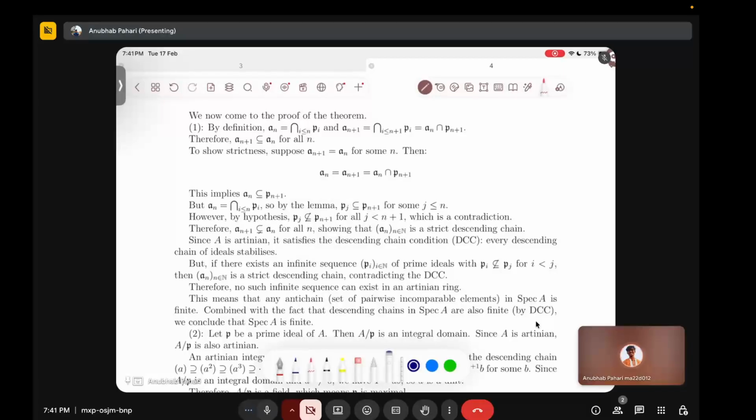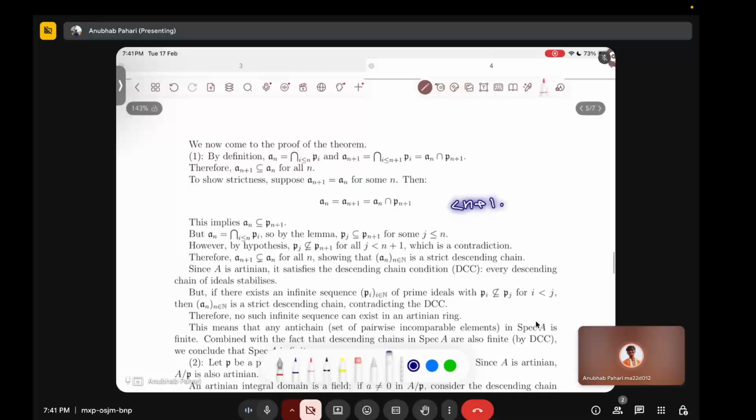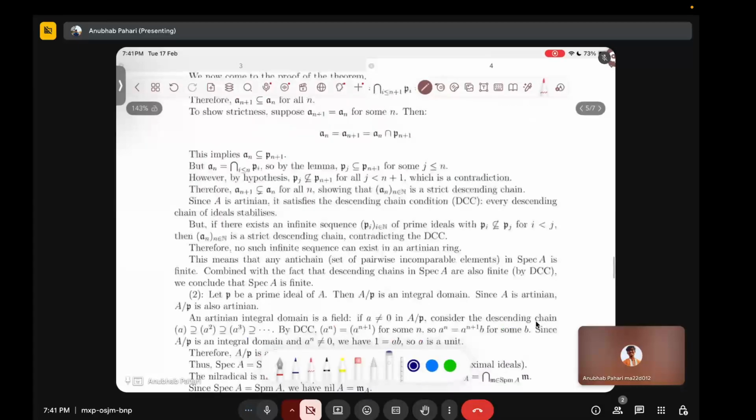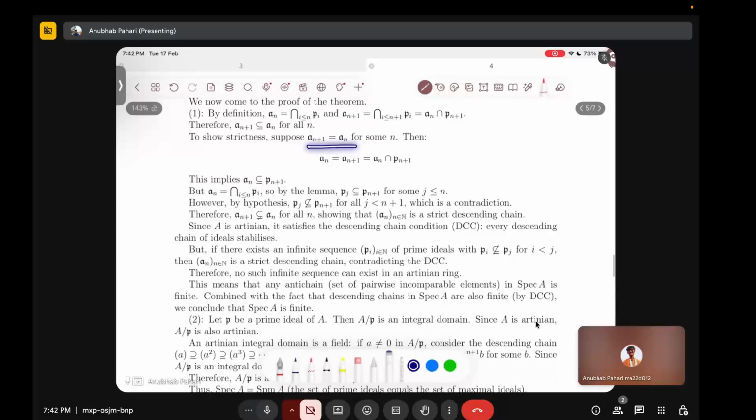So by the lemma, some Pj has to be contained in Pn+1, with j less than or equal to n. But in the condition we have said earlier that Pi is not contained in Pj whenever i is strictly less than j. Therefore Pj cannot be in Pn+1, and therefore this equality is a contradiction.